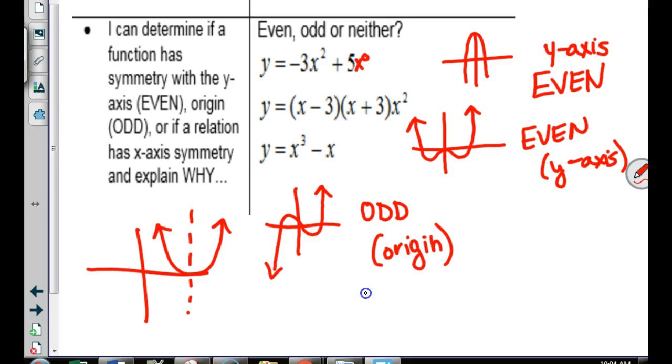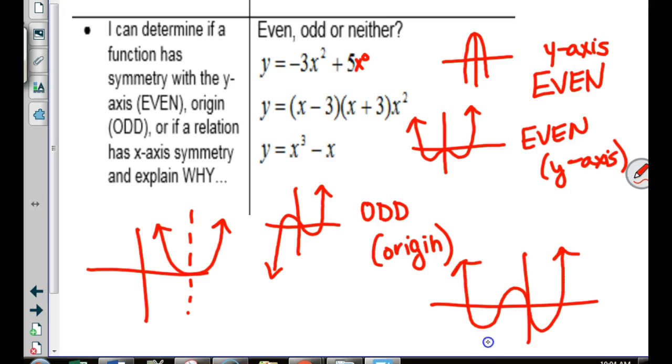I don't make you do an algebraic test on the quiz. You're welcome. Okay. So what's this one, guys? We're good that it's neither? Okay. Is that it? Okay.